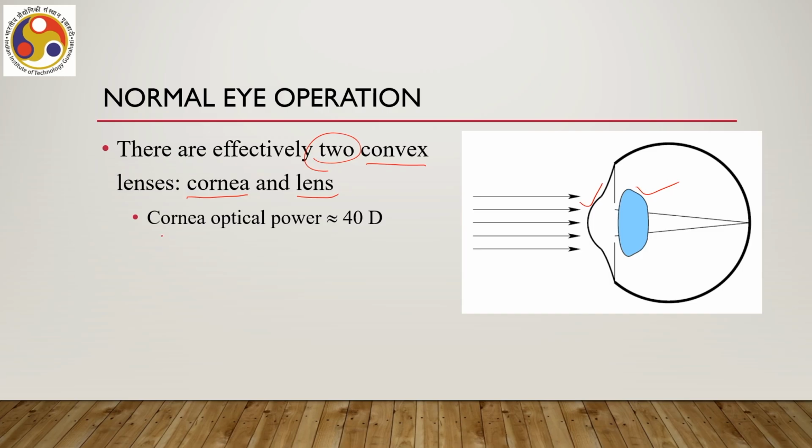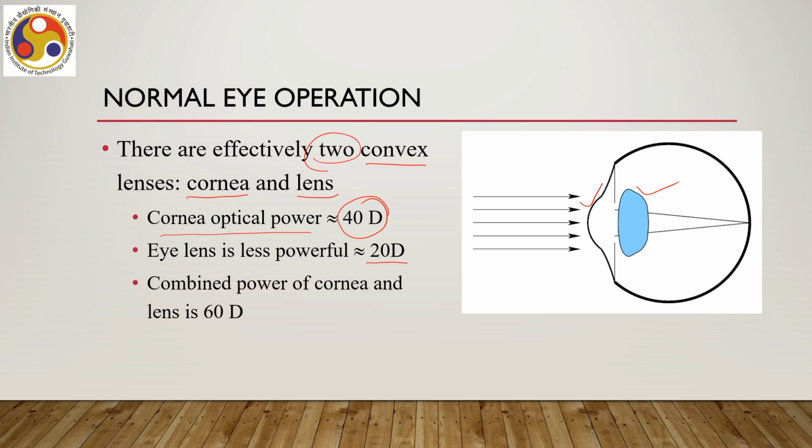So, cornea optical power is approximately 40 diopter, and the eye lens is less powerful, approximately 20 diopter, that is well known. So, when we combine these 2 lenses, their combined power of cornea and natural lens is 60 diopter, which is more than what we require when we are talking of a normal eye.